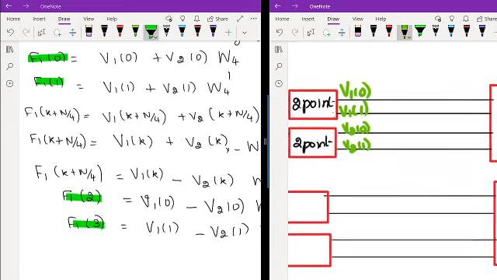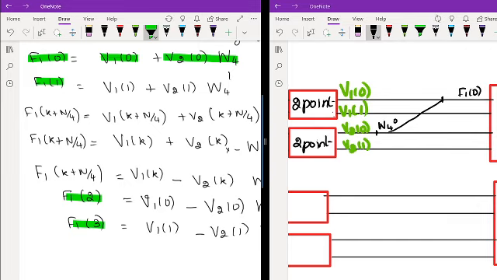So for that, first for calculating F1 of 0, V1 of 0 is going to be added with V2 of 0 into W4 power 0. So V2 of 0 is first going to be multiplied with W4 power 0. Then this is going to be added with V1 of 0 for calculating F1 of 0.